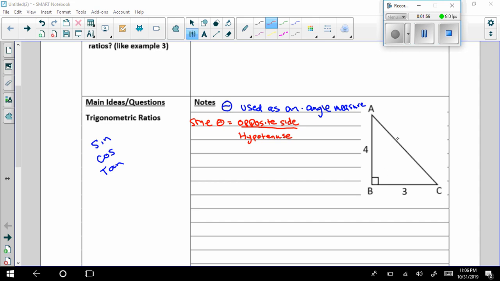Okay, so if we look at this right triangle over here, it's fairly clear what the hypotenuse is. We also know that it is 5 because this is a triplet, but if you don't know your triplets, then you could do 4 squared plus 3 squared equals c squared, and solve that out.